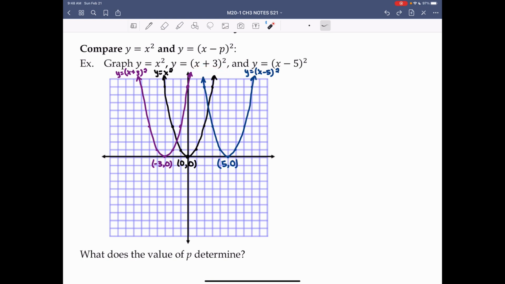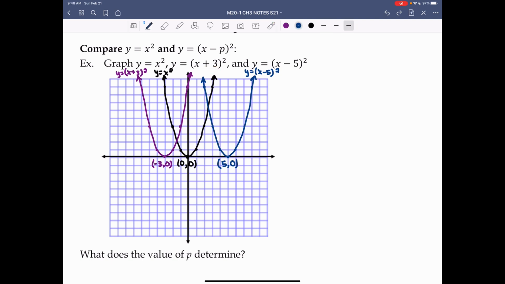Notice that in vertex form, it's written x minus p. So whatever p actually is, it'll be written with the opposite sign when we put it in the function. So here p is positive, and we write x minus p. So here, where we have plus 3, that means p equals -3.